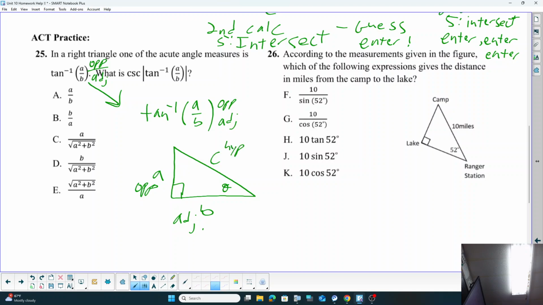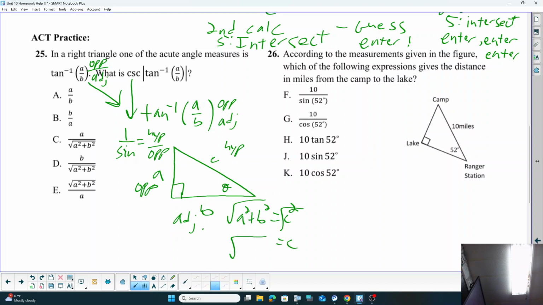And so now we want to do cosecant of that. Well, cosecant is 1 over sine, and 1 over sine is hypotenuse over opposite. Let's see what the hypotenuse is. We'll call it C. A squared plus B squared is equal to C squared, and then we'll square root both sides.